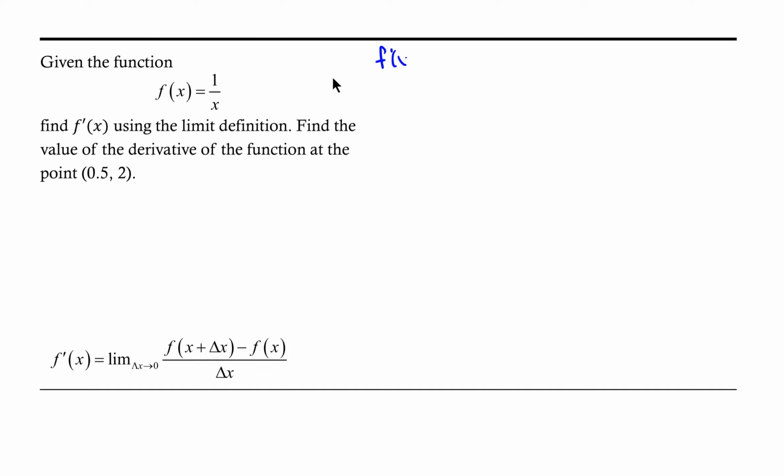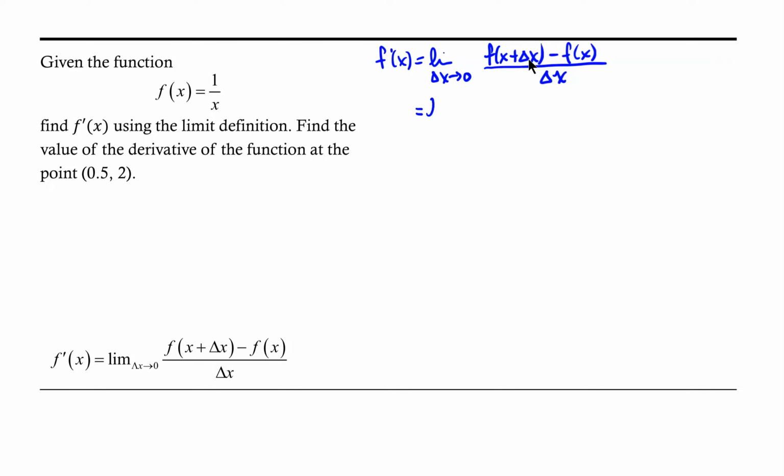So f prime of x is going to equal the limit as delta x goes to 0 of f of x plus delta x minus f of x, all over delta x. Everywhere there is an x in my function for this first part of my numerator, I will replace that x with an x plus delta x.